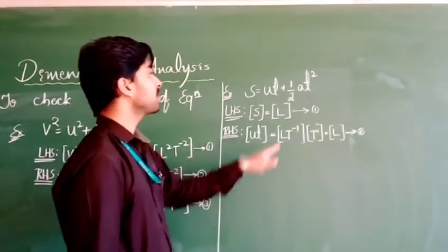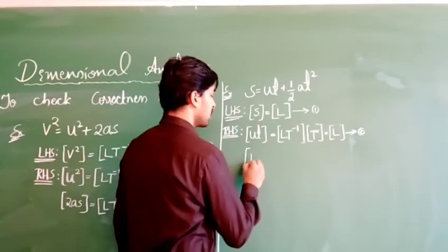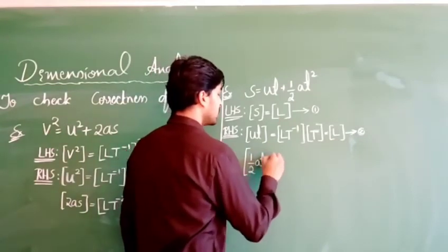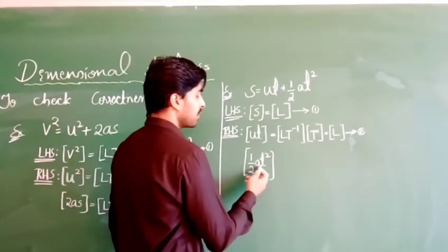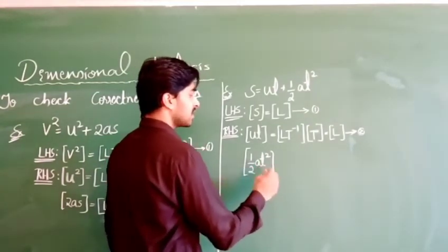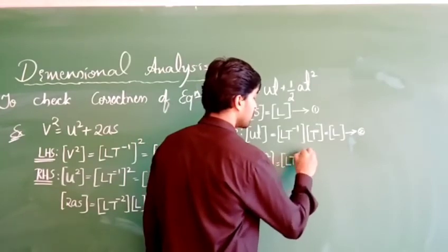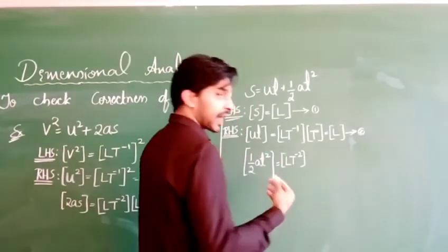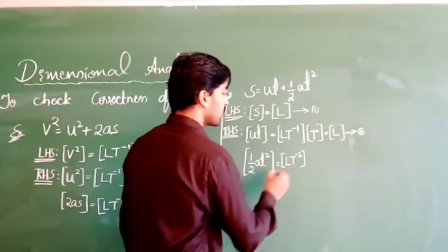Next, finally, what is remaining? The half at square term. Now check for half at square. Half is a constant, leave it. Dimensional formula for a, acceleration, is L into t to the power of minus 2. You have to practice a lot. If you want to write it streamlined, you should practice a lot.